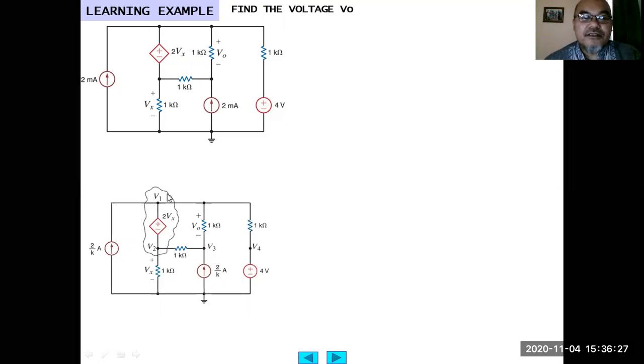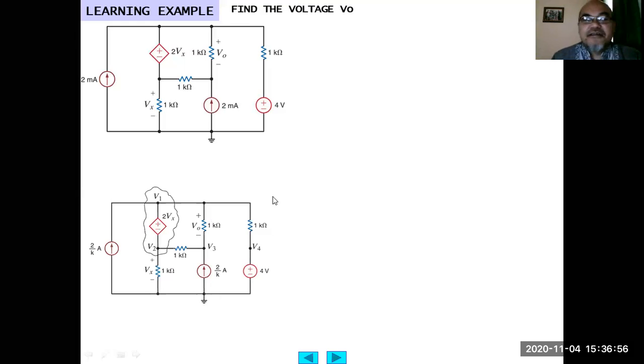So we can draw the supernode here at the dependent source. After we label this node as V1, we label this as V2. So basically V2 equals Vx here, and this 2 milliampere is basically 2 divided by 1000, or 2 milli.